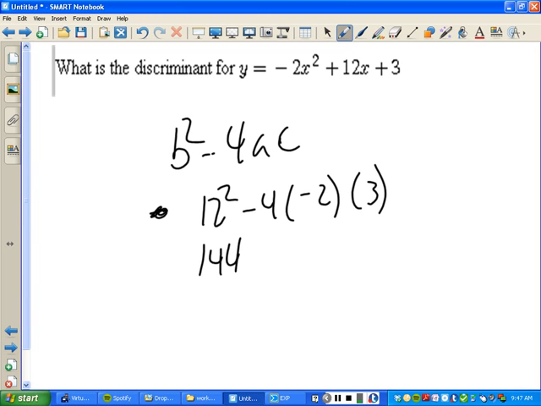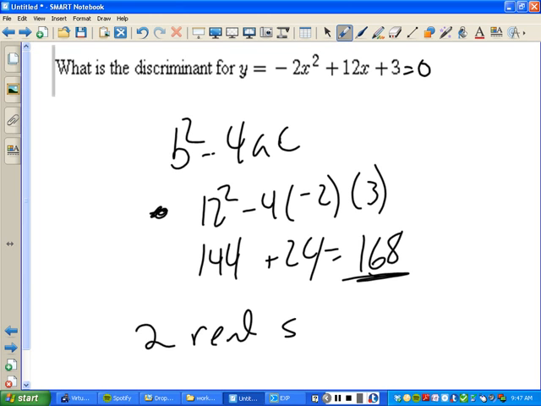So 144 plus 24, is that right? Yes. It's 168. Now, based on that number, if I set this equal to 0, how many solutions will I have? I'll have 2 real solutions, yes? Yeah, because it's positive. If it were negative, I'd have 2 imaginary solutions.